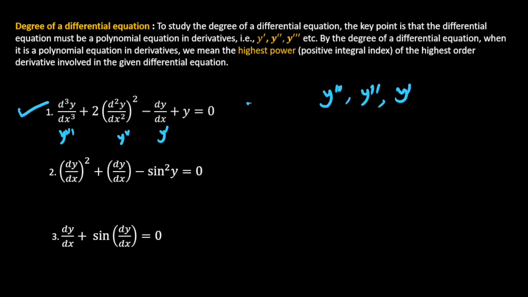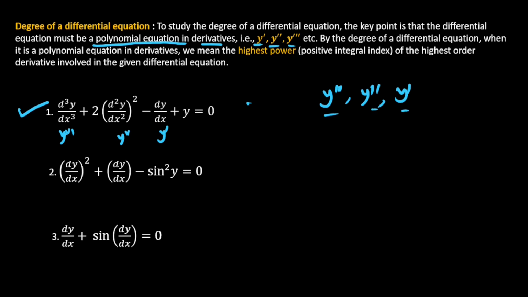That is the definition we saw previously, a polynomial equation in the derivatives. The first work is to express the differential equation in polynomial form, that is y dash, y double dash, y triple dash, etc. So this is a polynomial equation in y triple dash, y double dash and y dash.